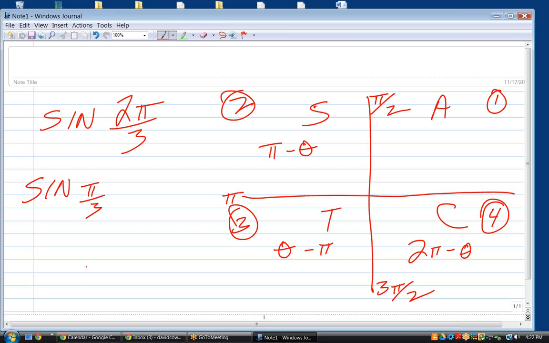Pi minus 2/3 pi is the same as 3/3 pi minus 2/3 pi, which is 1/3 pi. Okay, so it's going to have a numerical value that is the same as that. Well, what's the numerical value of sine of pi over 3?